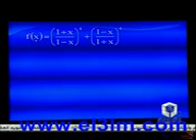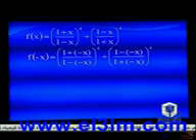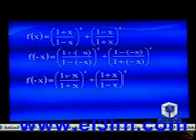f of x equal 1 plus x over 1 minus x all power 4 plus 1 minus x over 1 plus x all power 4. f of negative x is 1 minus x over 1 plus x, all power 4, plus 1 plus x over 1 minus x, all power 4.